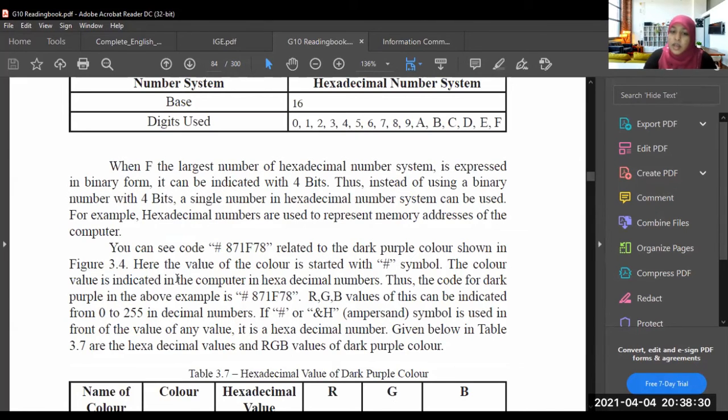We normally use them in memory addresses, or these codes, the hexadecimal number codes, usually seen in the color chart. For example, the code #871F78 is related to the dark purple color, shown in figure 3.4.